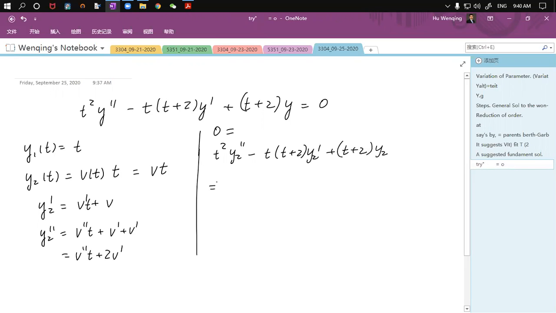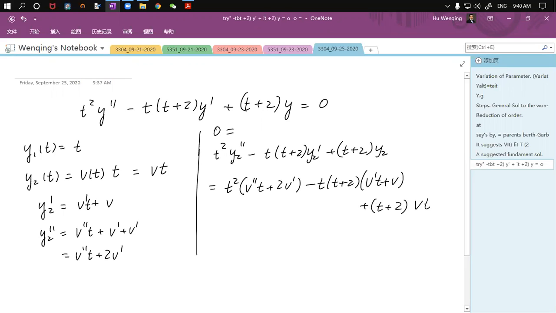You're going to insert all these values: t squared times (v double prime t plus 2v prime), minus (t plus 2) times (v prime t plus v), plus (t plus 2) times v t. So that's going to be your 0, right? But what will be your solution? Well, again, you're going to collect according to the order of the derivative of v.